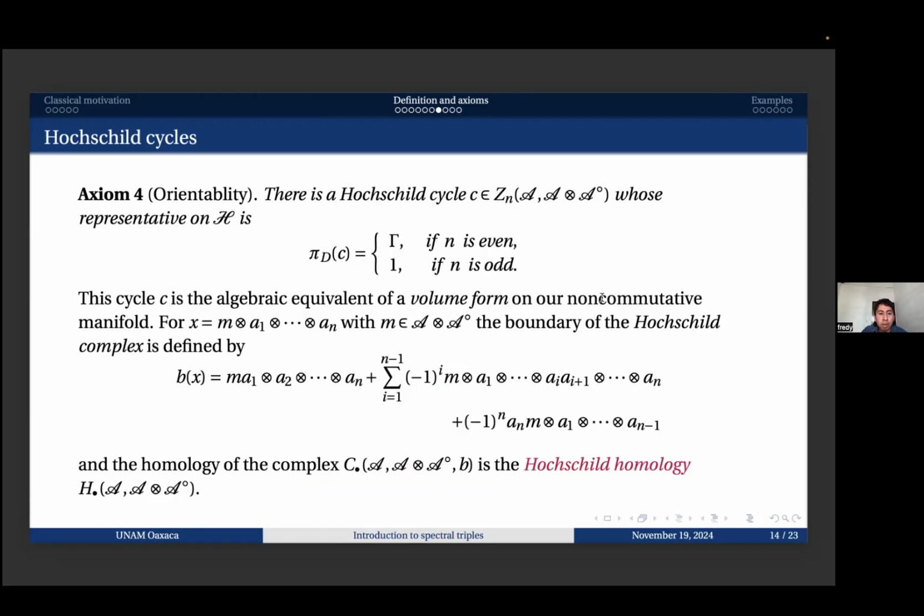The orientability condition says that there is a Hochschild cycle, a cycle in this Hochschild complex where the boundary is defined in this way.